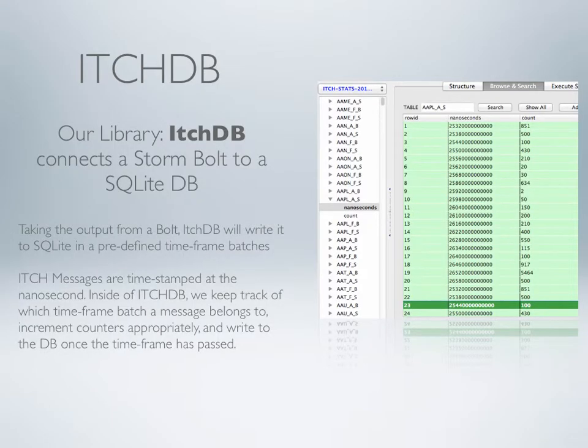So I wrote another library to communicate between our bolt and Storm and the SQLite database. ITCH DB will just simply connect the bolt to the database. It'll take the output and then we'll write it to SQLite in predefined time frame batches.